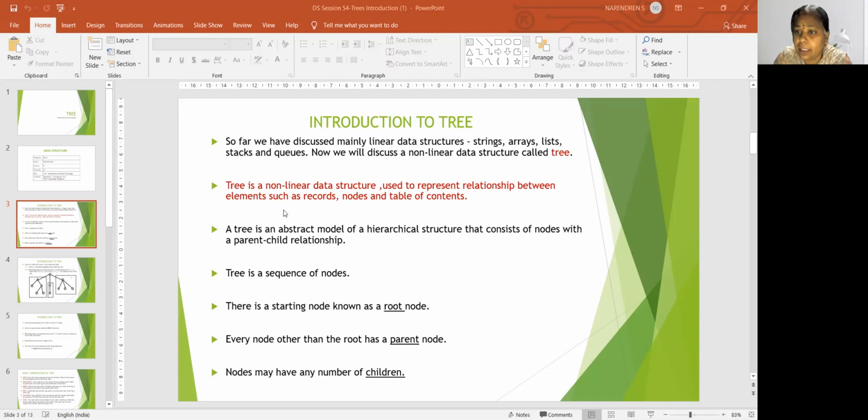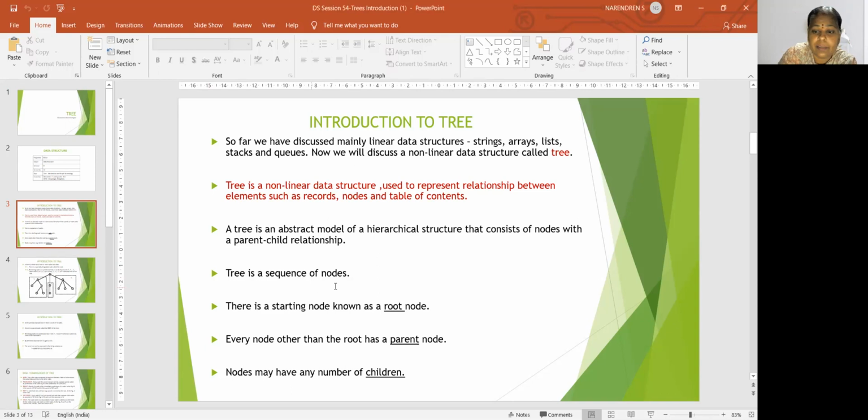Some trees will have only one root node, with no other children, but the root node is very important in the tree. Every node other than the root has a parent node. Nodes may have any number of children. That is a major thing we have to concentrate on here.